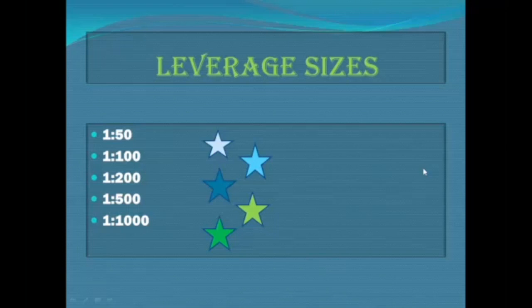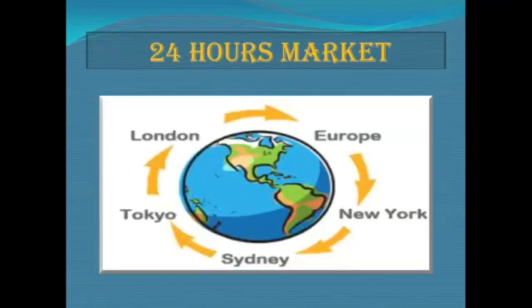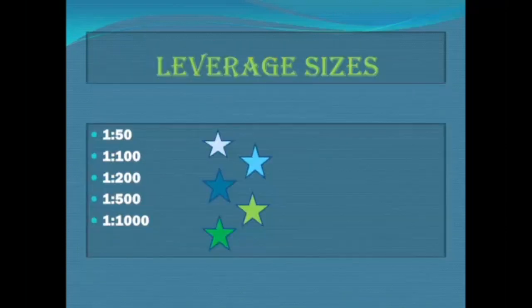For example, if the allowed leverage is 1 is to 100 or 1% of position required, and you wanted to trade a position of 100,000 US dollars, but you only have $5,000 in your trading account, no problem, as your broker will set aside 1,000 US dollars as down payment or margin, and then let you borrow the rest.